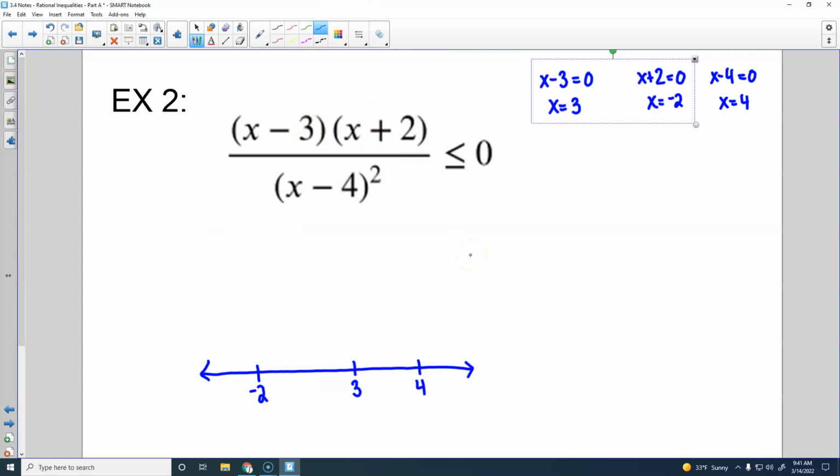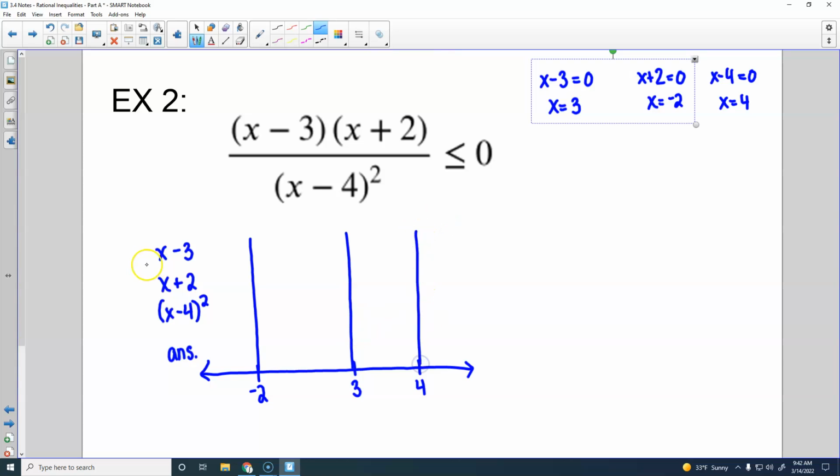But I'm going to use this little chart to help us do that in a bit quicker way. So I'm going to list my factors over here on this left-hand side. So I've got x minus 3. I've got x plus 2. I've got x minus 4 squared. And I'm going to put down here a part for my answer. And I'm going to make myself a little chart here.